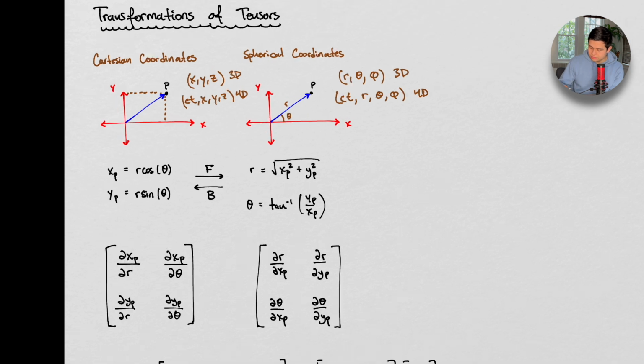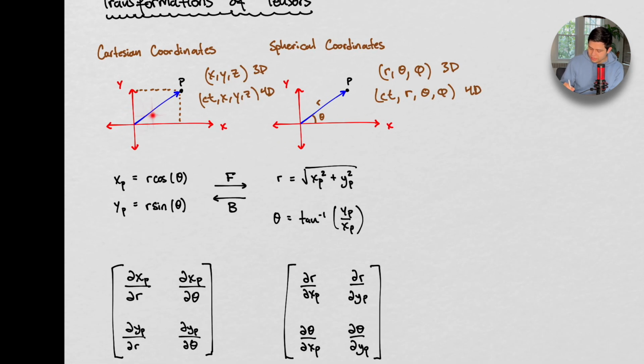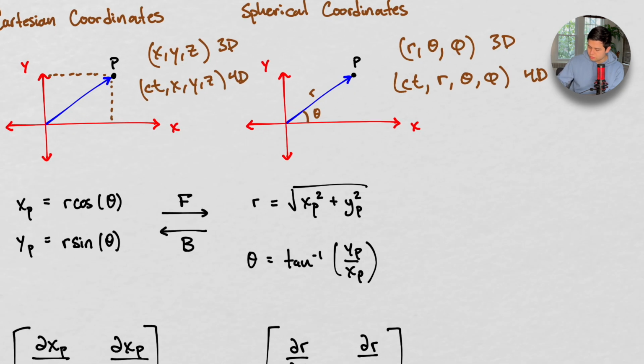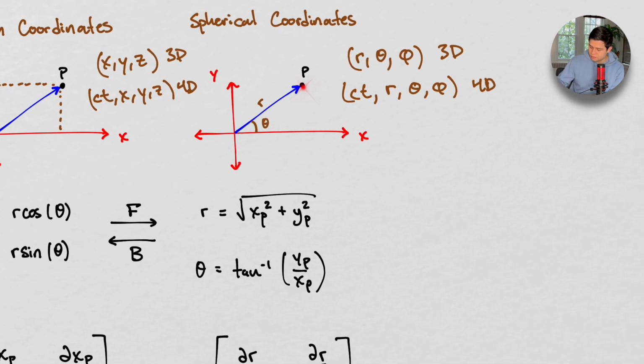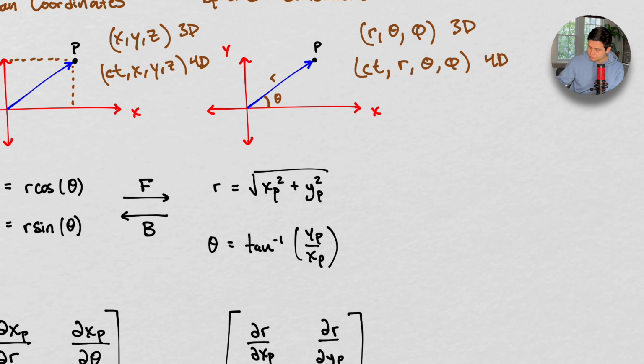And we can say, well, if we have an angle here, and this is our radius in Cartesian coordinates, we can describe our x-coordinate as being r cosine theta. Okay. And we can describe our y-coordinate here as being r sine theta. Similarly, in spherical coordinates, we can say r here is, just by using the Pythagorean theorem, the square root of x squared plus y squared.